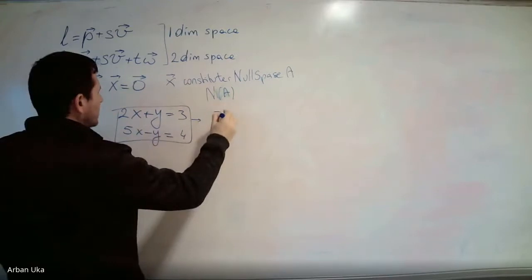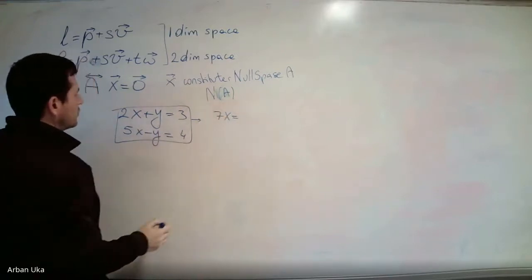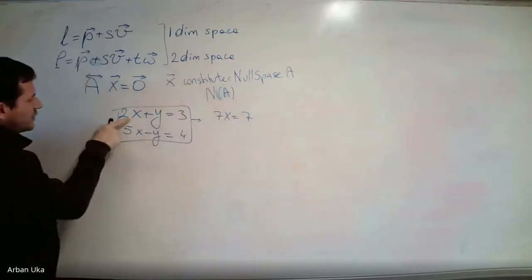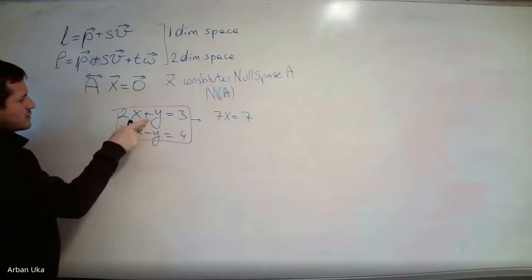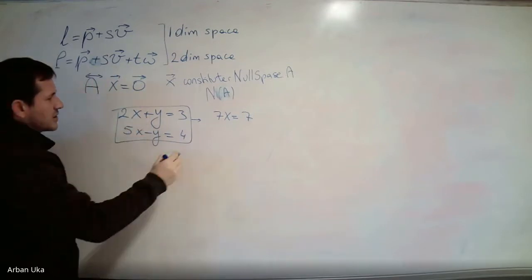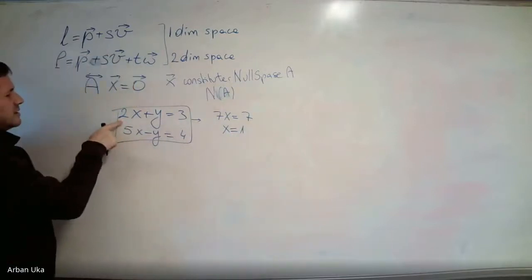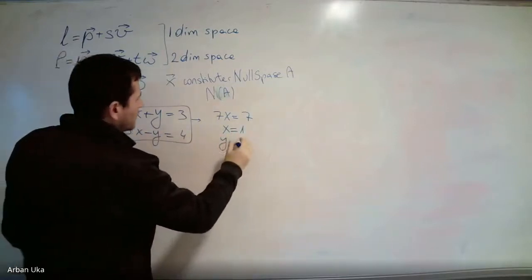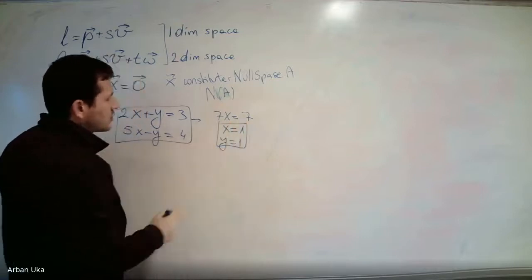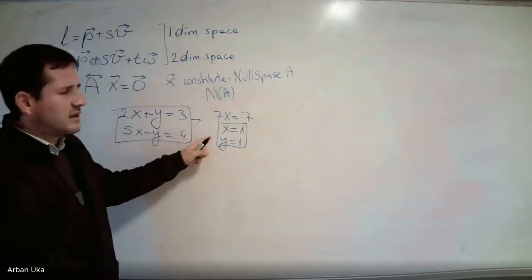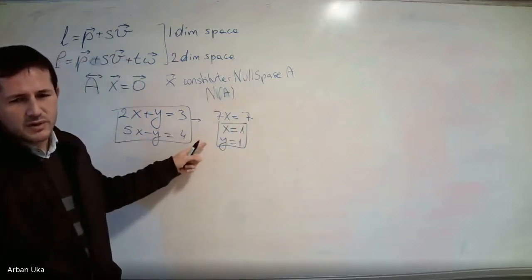We get 7x equal to 7, right? If we add these two, minus y plus y cancel each other. So we get x equal to 1. We substitute x here, we find that y is equal to 1.